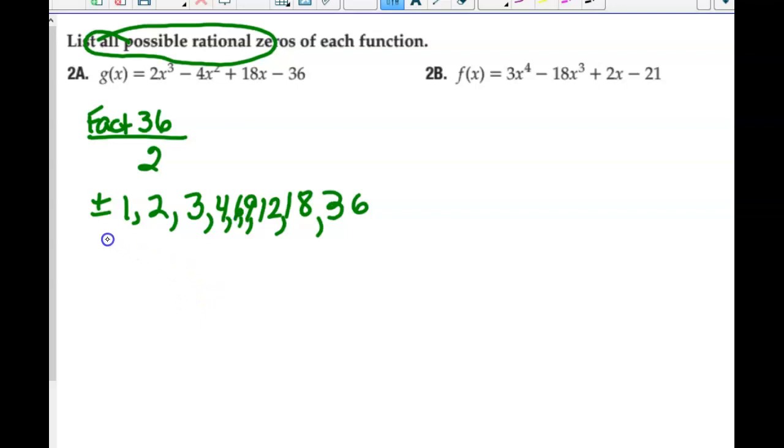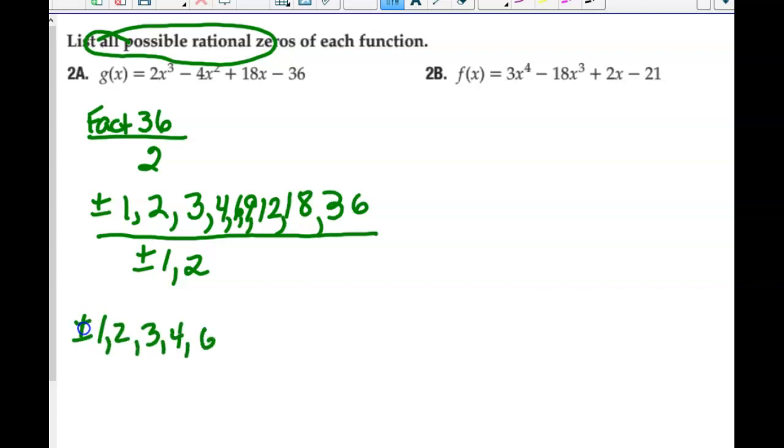And to make matters even worse, it is all over the factors of the leading coefficient, which is 2. Okay. Watch what happens when I put all of those over 1. I just get those. Everybody good?